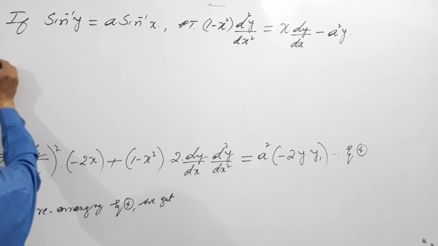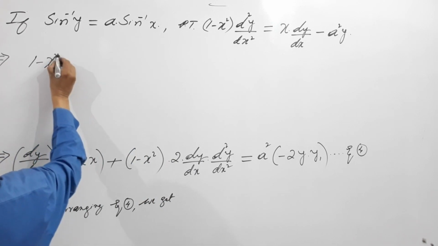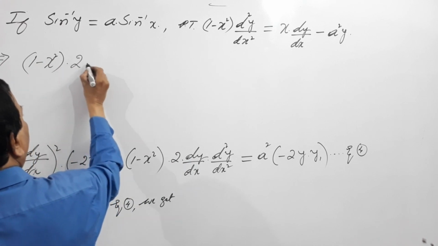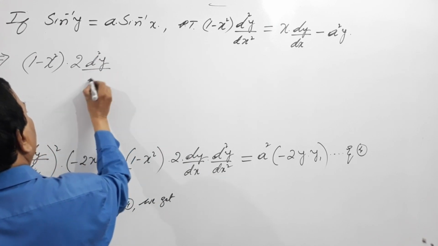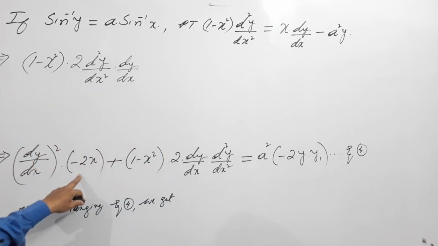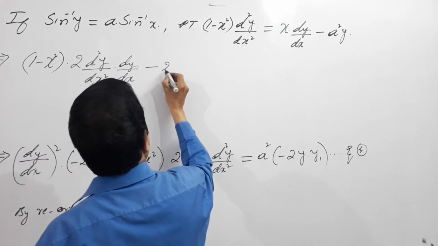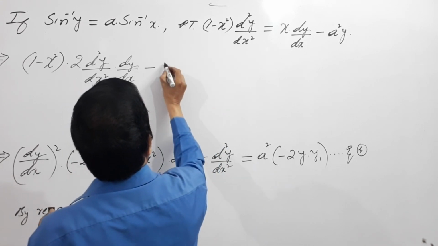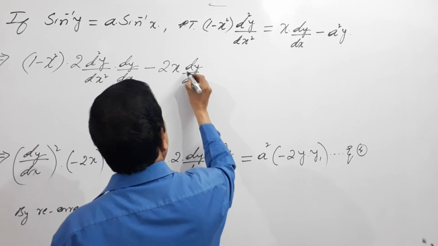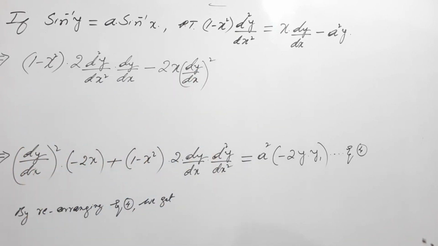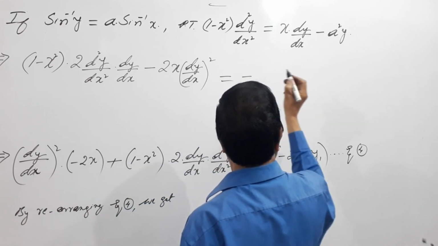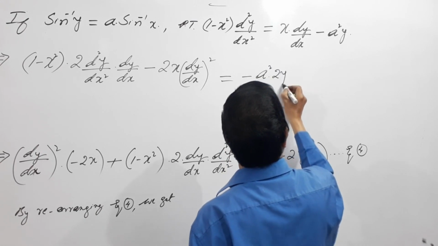So first, that is 1 minus x square into 2 d square y by dx square into dy by dx, minus 2 into x, and this is dy by dx whole square, equals to minus a square 2y y1.